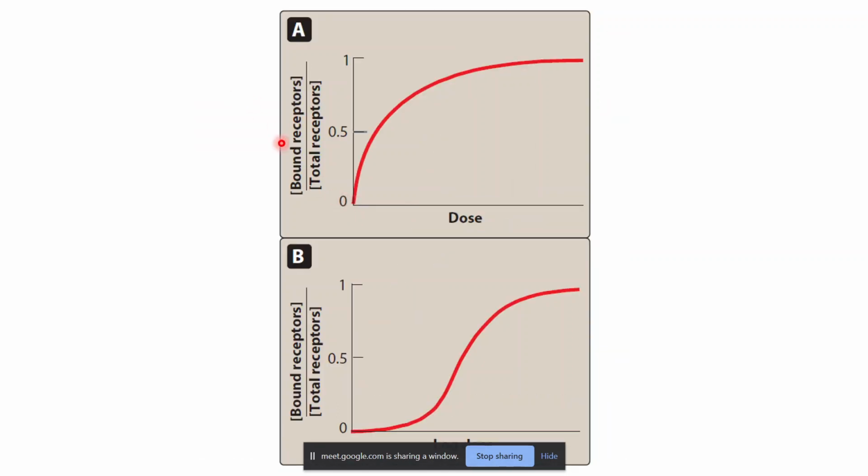So if we plot this function on the graph, then we will get this hyperbola.